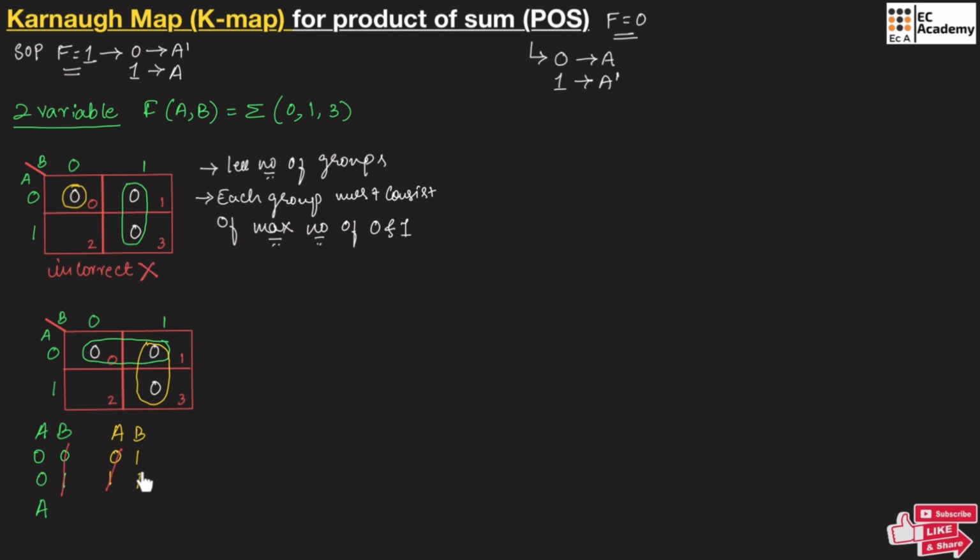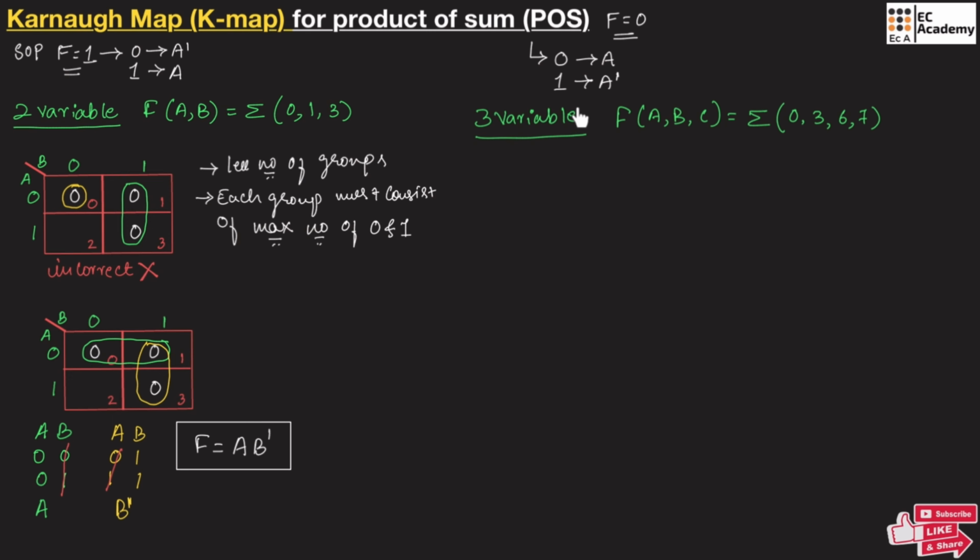In product of sum, if we have the value 1, we need to take the complement of that variable. So we will take B dash. To write the simplified Boolean expression, we take these two terms and write the product of these two. So we can write A, B dash.